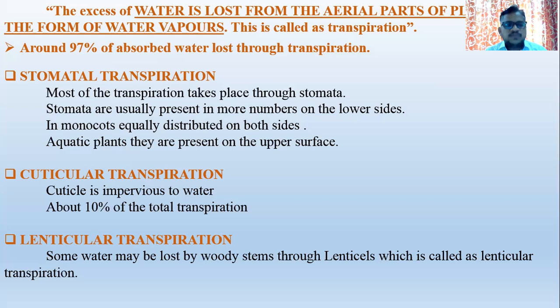The second type is cuticular transpiration, in which the cuticles, which are impervious to water, are present on the bark of the stem. About 10% of the total transpiration takes place through cuticular transpiration.